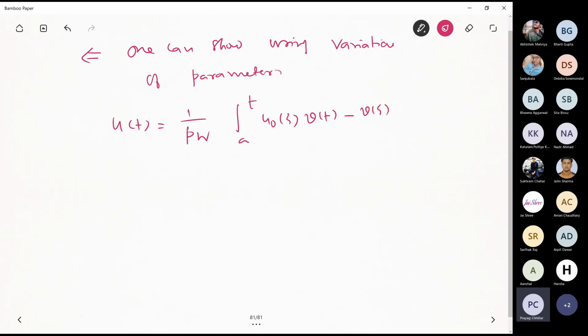I'll tell you what this v is. Into f of z, plus c0, an arbitrary constant, times u0.